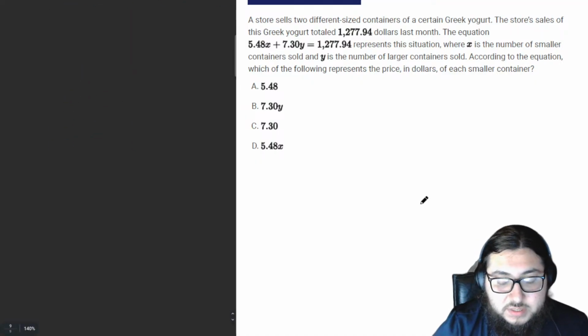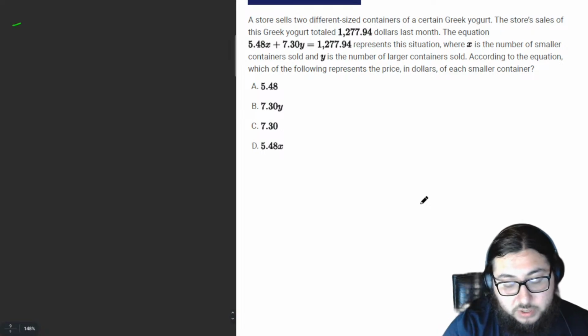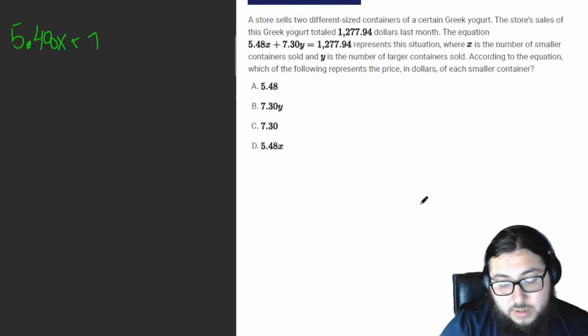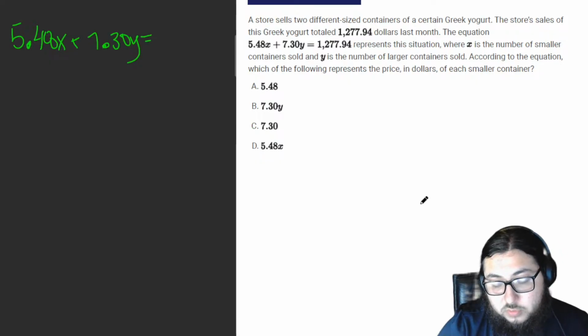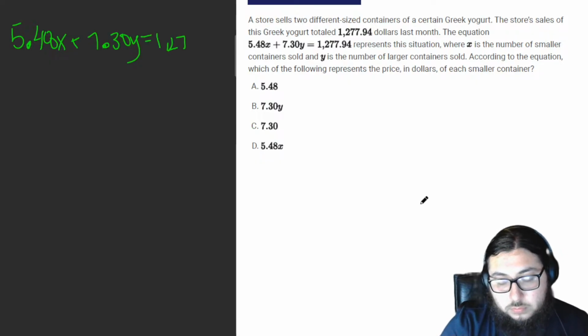So again, if we analyze the units, let's first write our equation. 5.48x plus 7.30y equals 1,277.94.